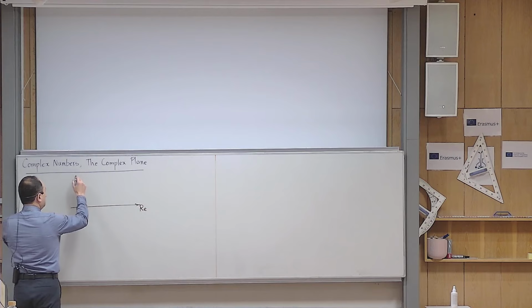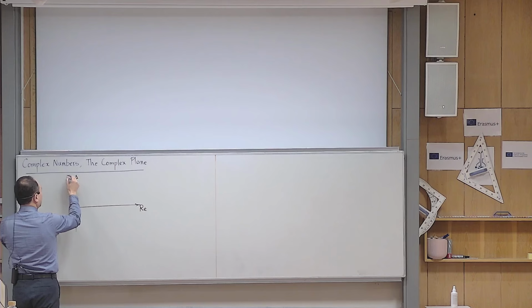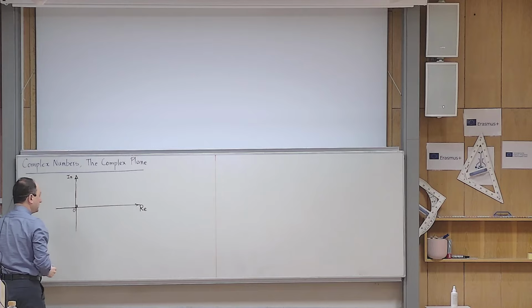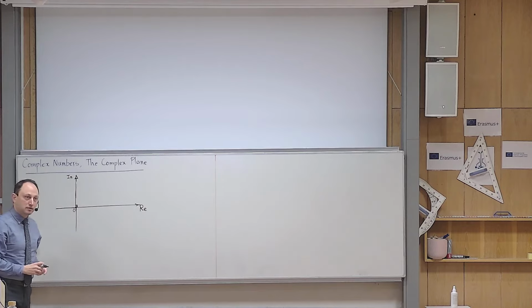And the vertical axis, instead of being called the y-axis, is called the imaginary axis. Of course, they are, as before, perpendicular, and the intersection point is called the origin. So all the properties you had for the normal coordinate system, you have here.